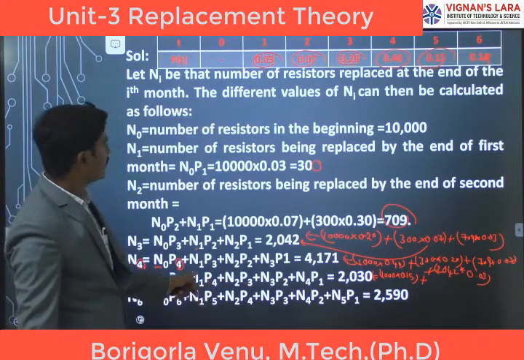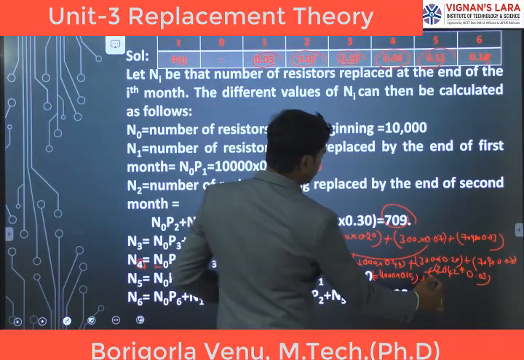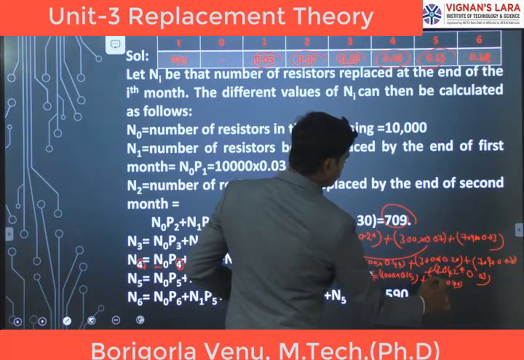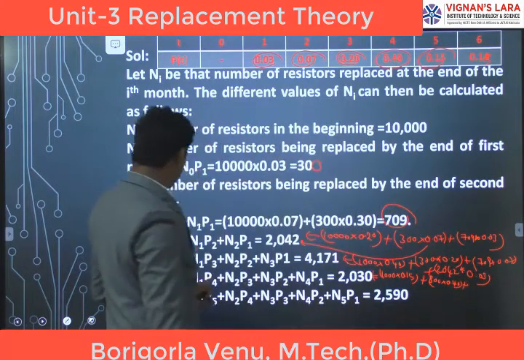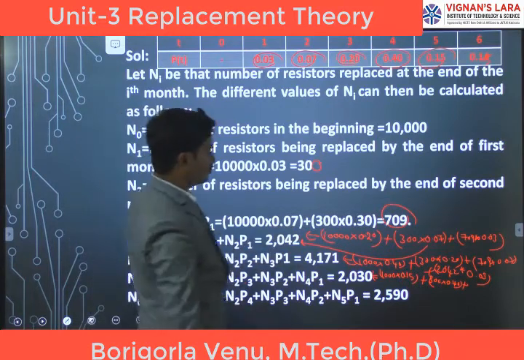N1 is 300 into P4, 0.40, plus N2 P3. What is the N2 value? N2 is 709.